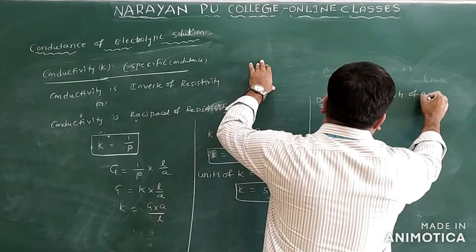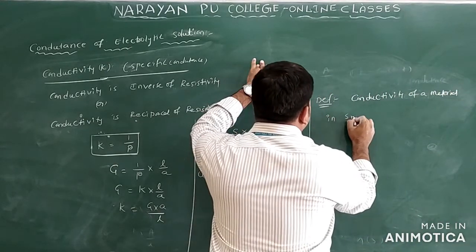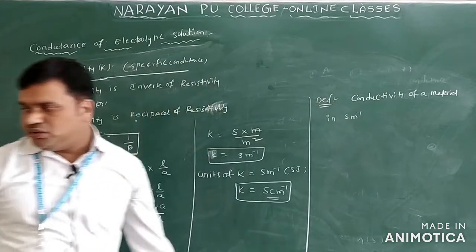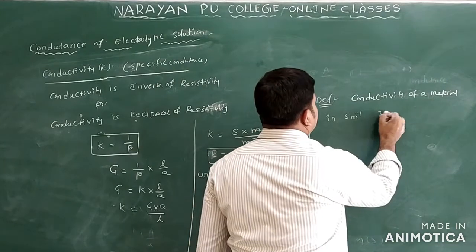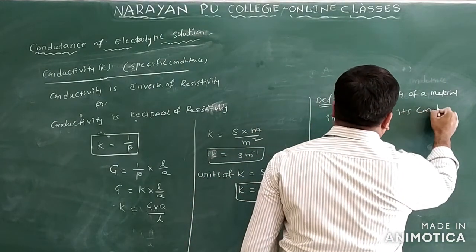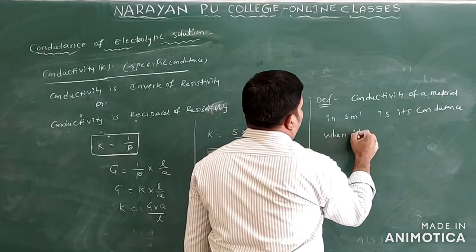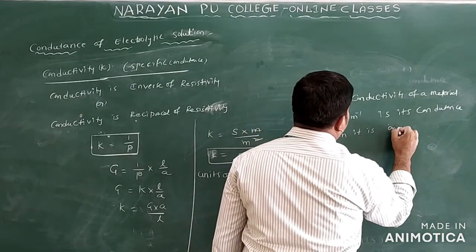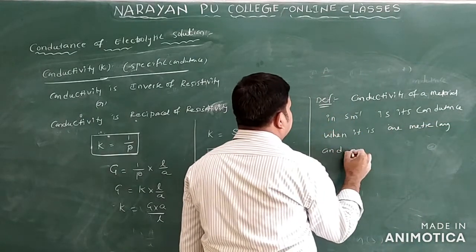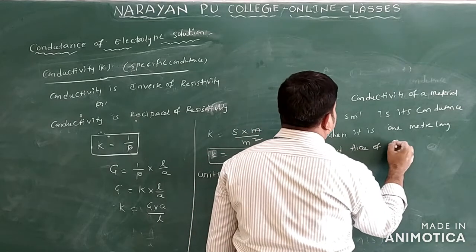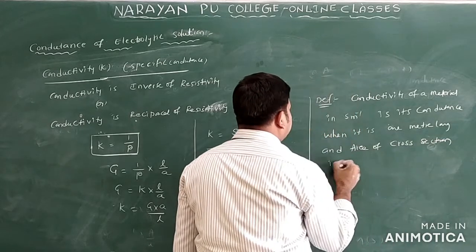Conductivity of a material in Siemens meter inverse is its conductance when it is 1 meter long and the area of cross section is 1 meter square.